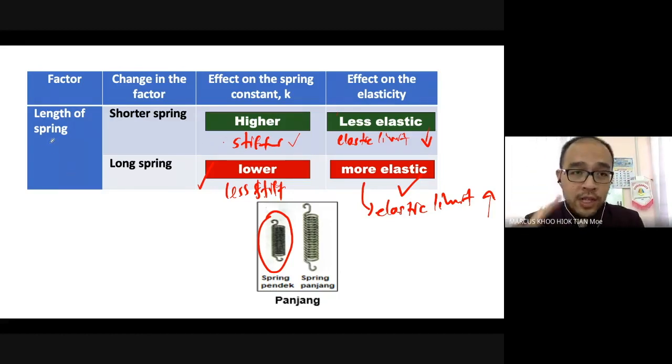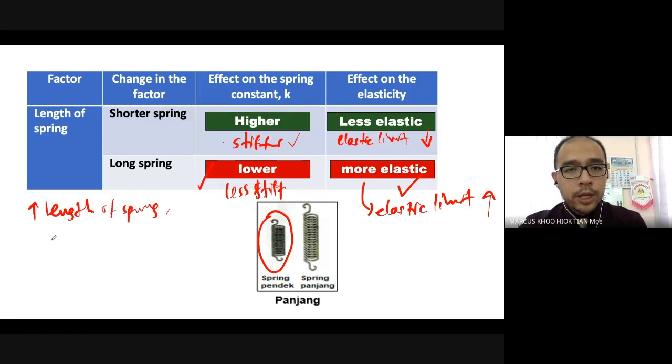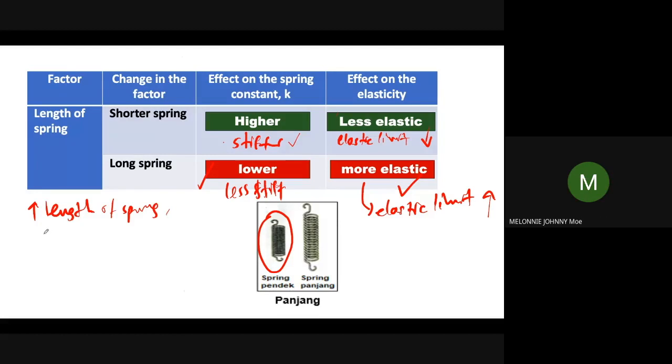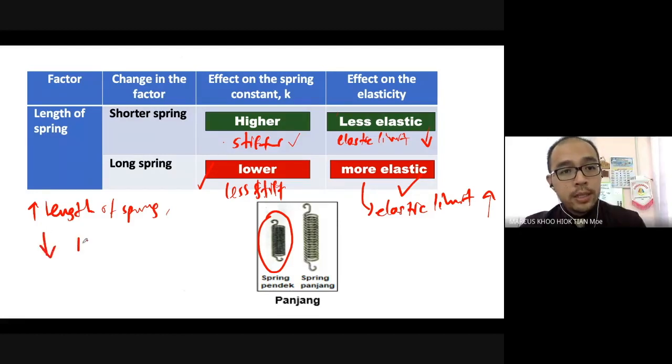So the first one is the bigger the length of the spring. Tell me the spring constant how? The bigger the length of the spring? Lower. The lower the spring constant. Now, this one memerlukan kita untuk menghayati dan mengingat, what does lower spring constant mean?